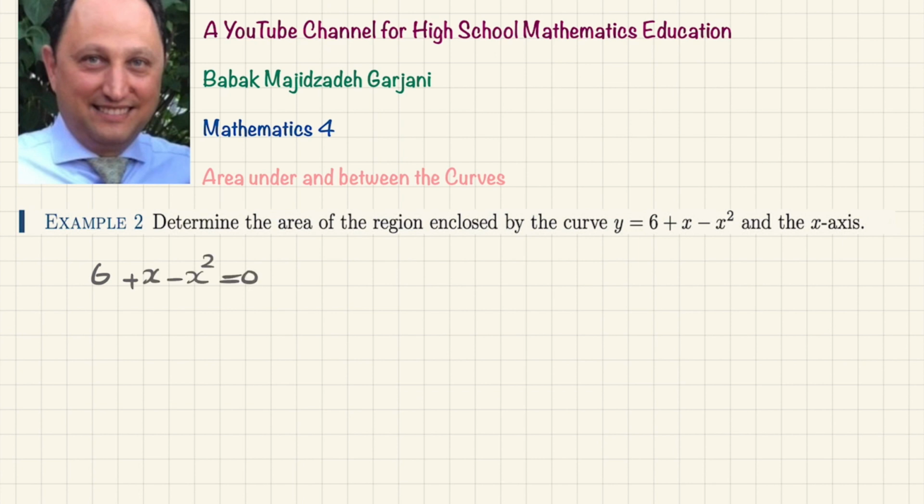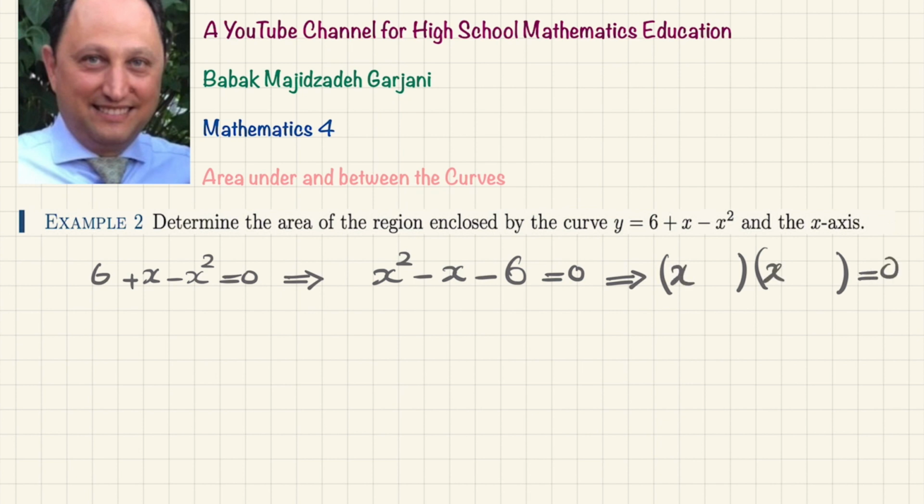Okay, it's always easier to have x squared positive, so let me multiply it by a negative sign. Of course you can use either the PQ formula or the ABC formula to solve it, but it is even easier to guess two numbers. I put an x here, an x there, and I ask myself, I need two numbers whose sum is -1 and product is -6.